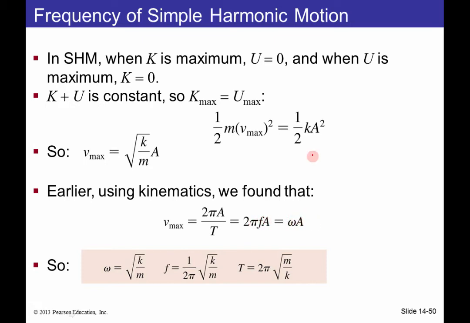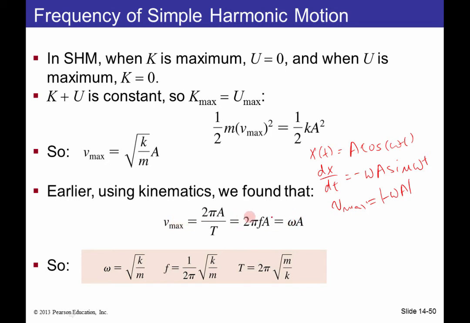Remember, the way we found that is that we wrote x of t equal to A cosine omega t. We took the derivative dx/dt, and that gave me minus omega A sine omega t. This is maximum when the sine is 1, so V max is omega A, the absolute value.